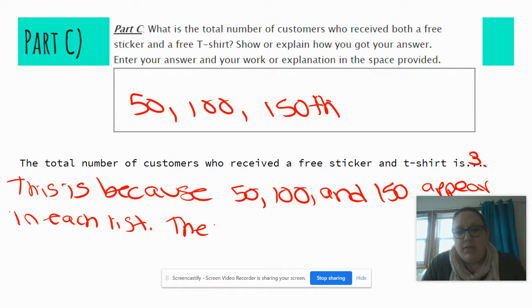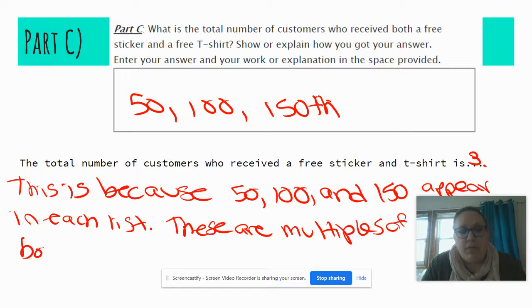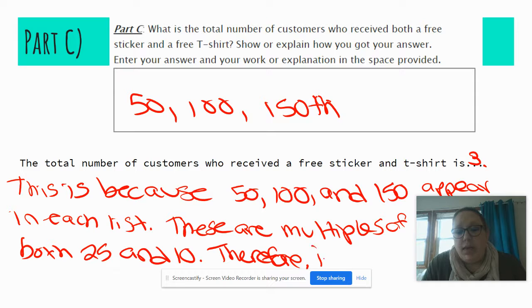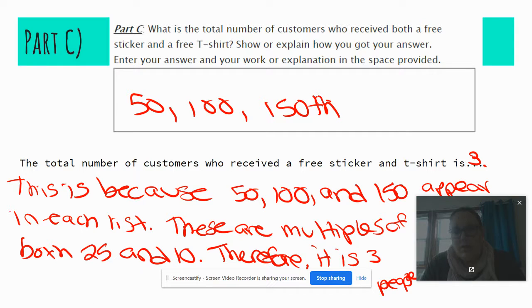Therefore, these are multiples of both 25 and 10. Therefore, it is 3 people. Okay, so that is all we're going to have for today.